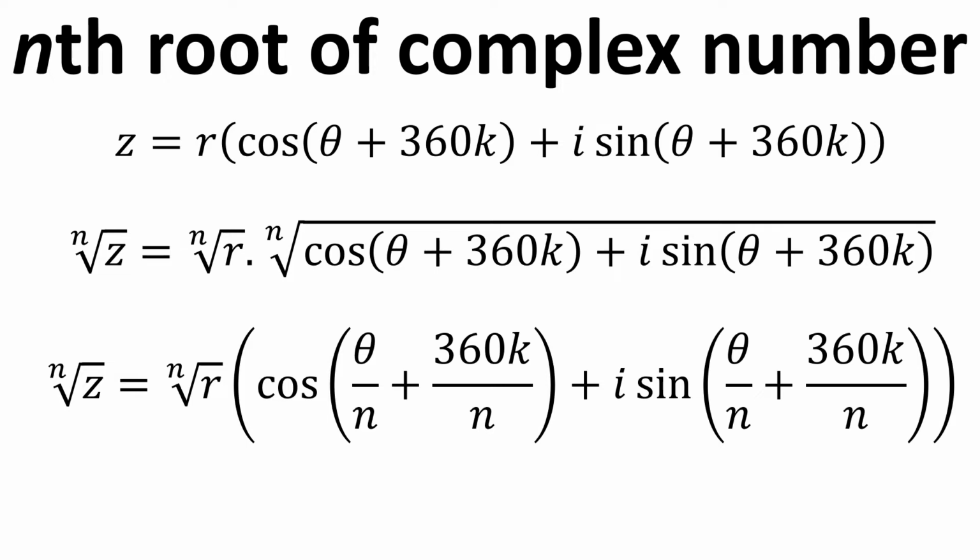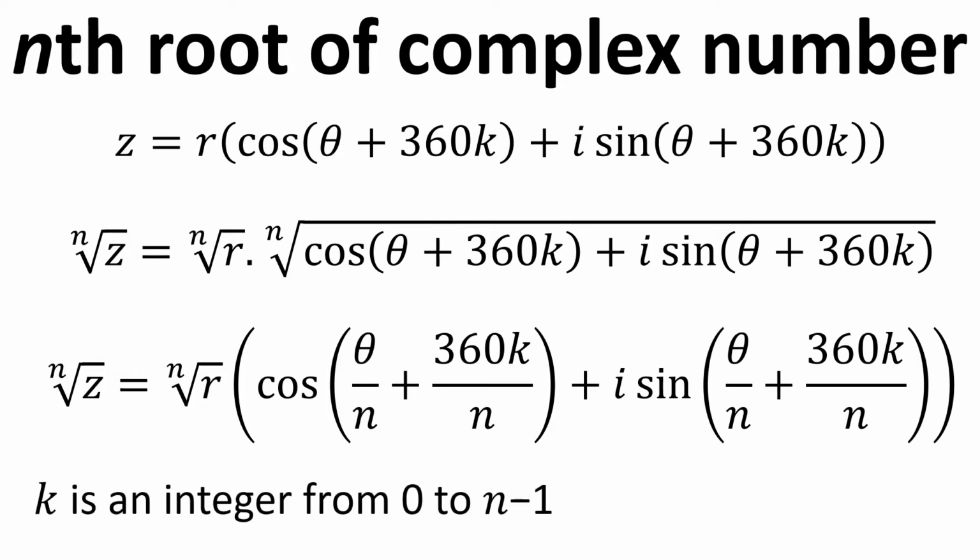Now, this then works for any value of n that's an integer, and to get the complete number of possible solutions, we need to go from k equals 0 to k equals n minus 1. So you might also see this written as k equals curly brackets 0, 1, all the way up to n minus 1.